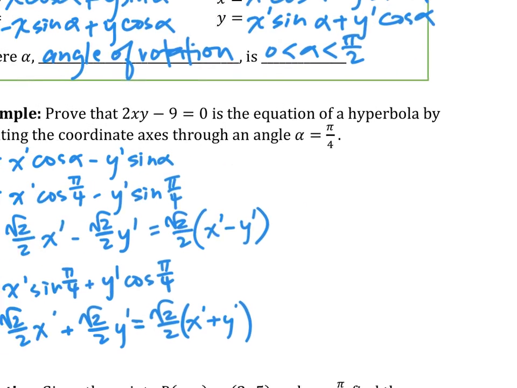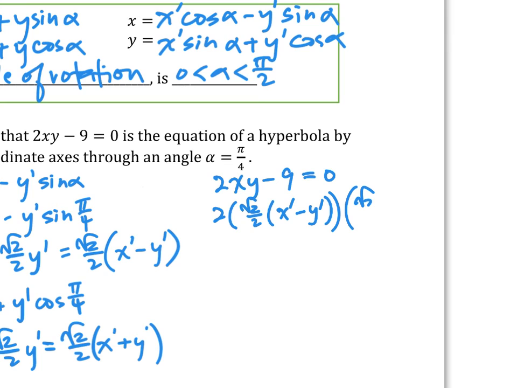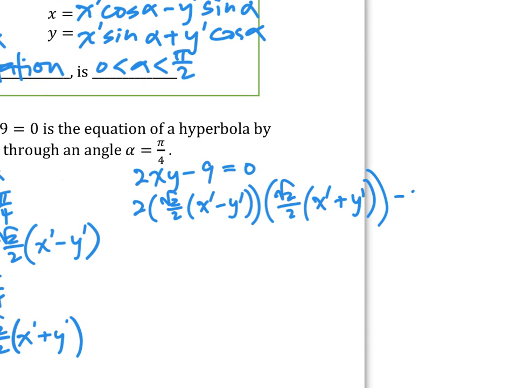All right, so 2xy minus 9 equals 0. So 2 times x in this case is square root 2 over 2 times x prime minus y prime, and then y in this case is square root 2 over 2 times x prime plus y prime, minus 9 equals 0.